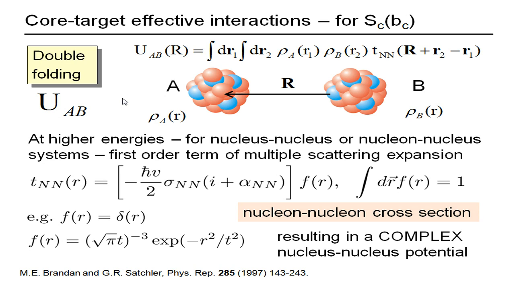It involves computing the density for nucleus A, the density for nucleus B, and then doing an integral which involves the two densities and an effective interaction between pairs of nucleons. At the energies we're talking about, one can parameterize such effective interactions reasonably straightforwardly. I'm not going to delve into this. It is an effective NN force which we can use for these sort of calculations.